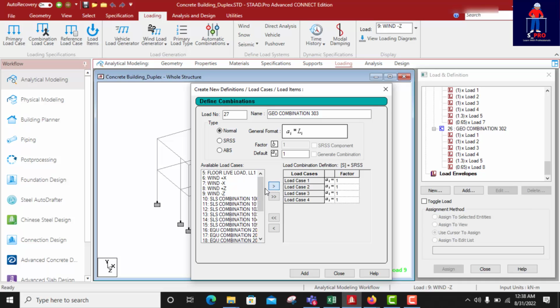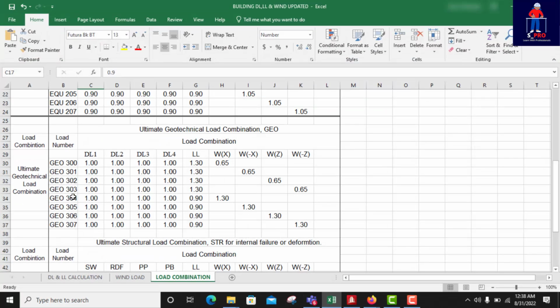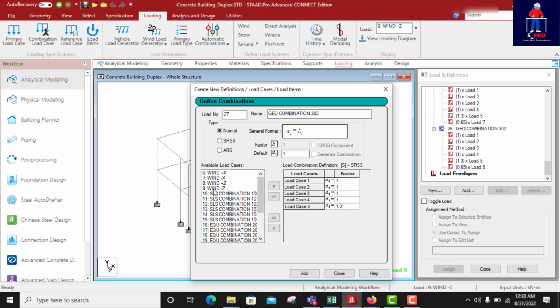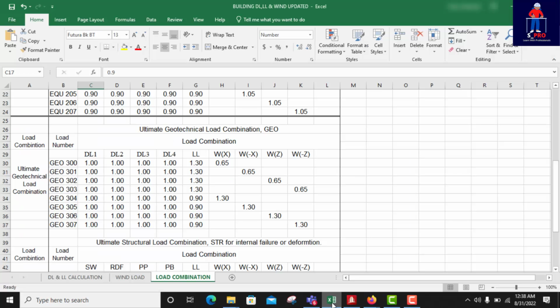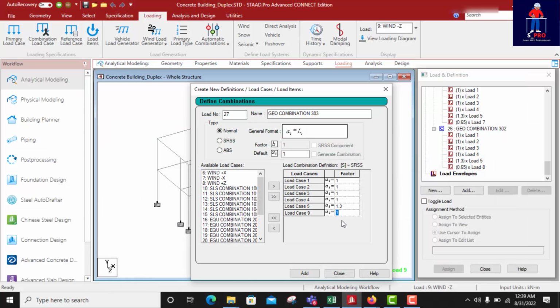All dead load 1, live load 1.3. Okay, let me check 303. Okay, minus Z 0.65.